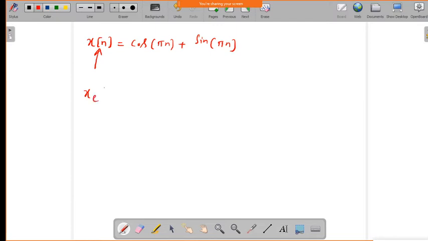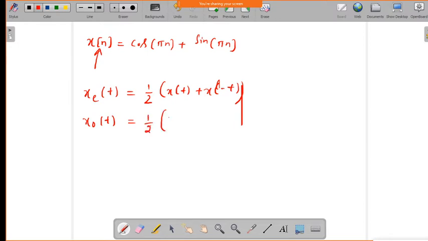The equation for the even component is xe of t equal to half into x of t plus x of minus t, and the odd component x odd of t is equal to half into x of t minus x of minus t. Similarly, in the discrete case you can find the even and odd components. This is about the even and odd components.